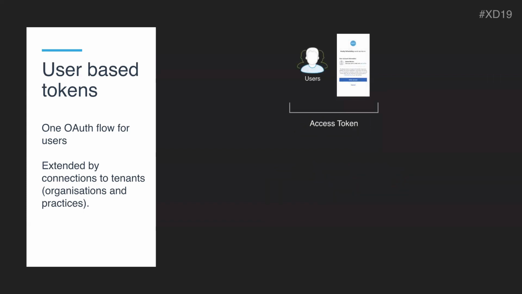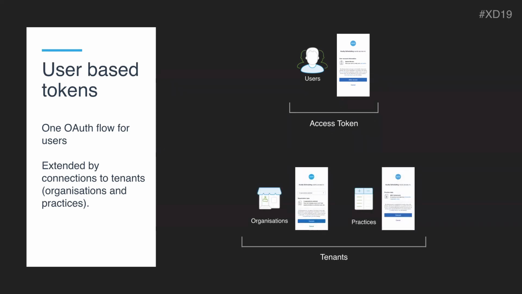So just reinforcing that, an access token is tied to the user, and we can see the user account information that's presented as part of that initial authorization. And then you've got multiple tenants. So we touched on the fact that a tenant is no longer just an organization, it's actually an organization or practice under OAuth 2.